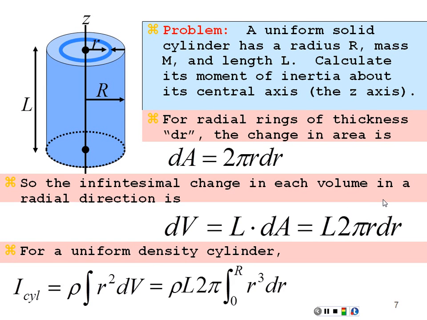So we have rho, L is a constant, 2 pi is a constant. We have r cubed dr integrated from 0 to the radius of this cylinder. Well, that's not a very difficult integral. r cubed dr is simply 1/4 r to the 4th. So evaluating from 0 to the radius of the cylinder, we have density L 2 pi r to the 4th divided by 4.